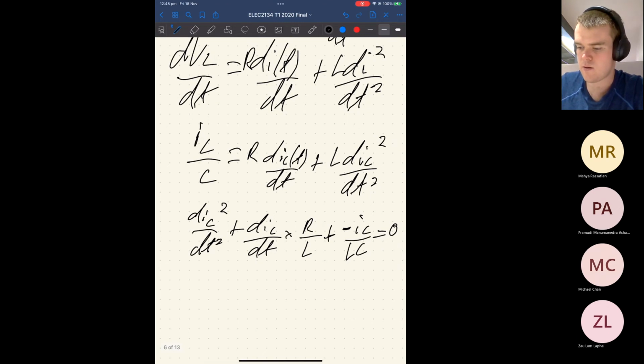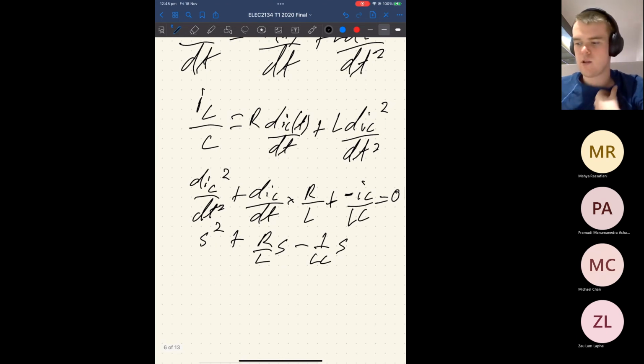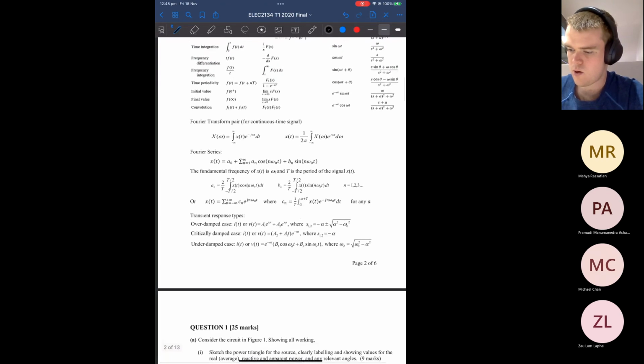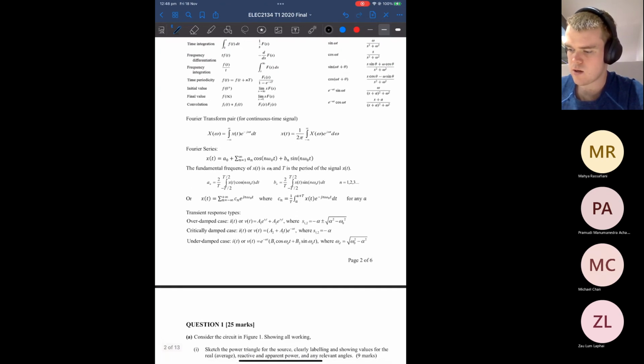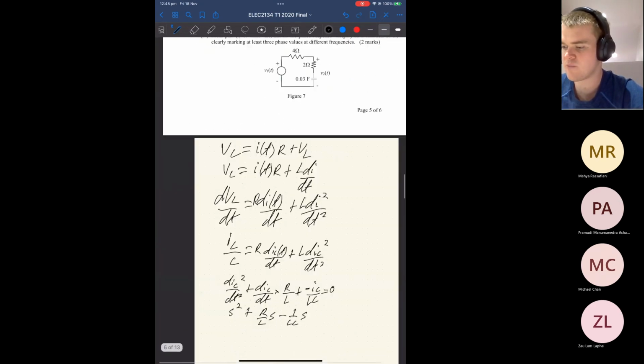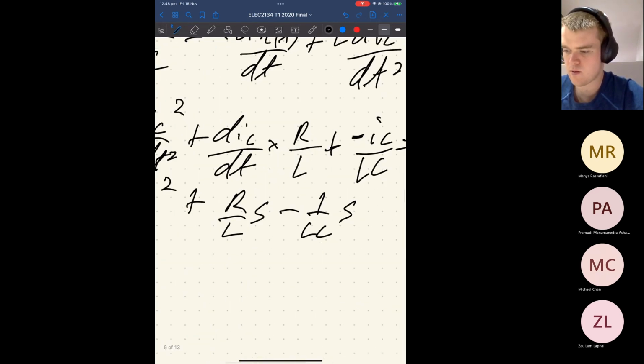Okay, and then s² plus (R/L)s plus 1/LC. If I was to solve that, we can just solve it to figure out where the roots are. That's what I always do to make life easier for myself.